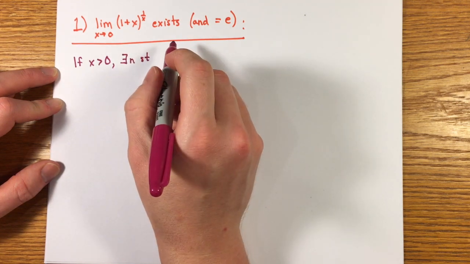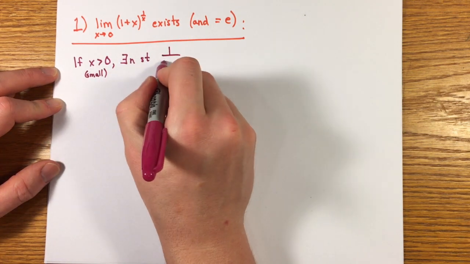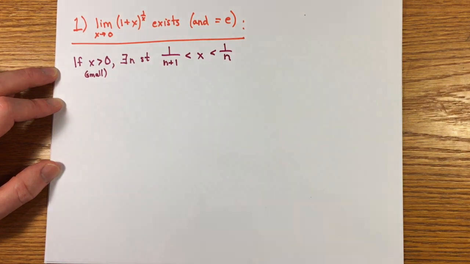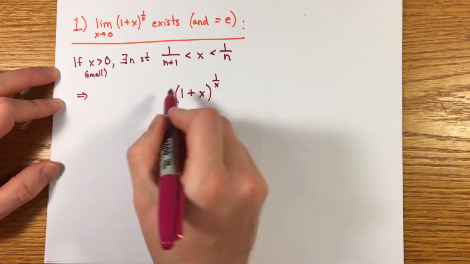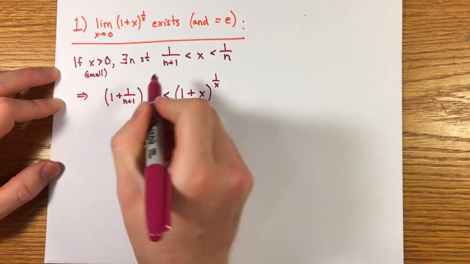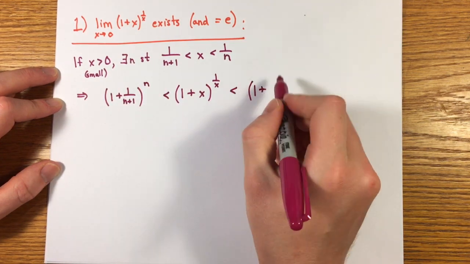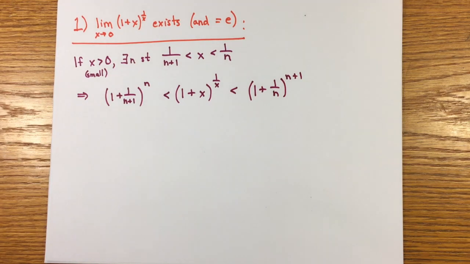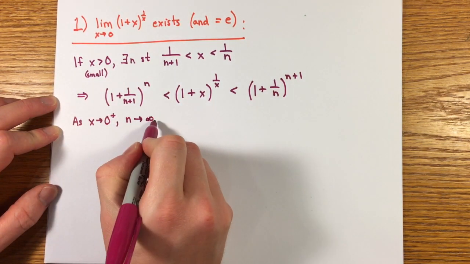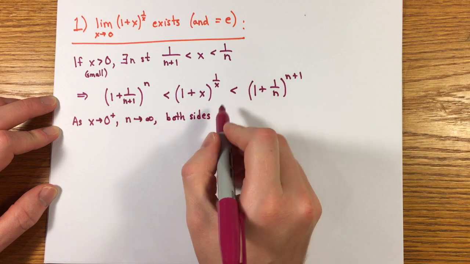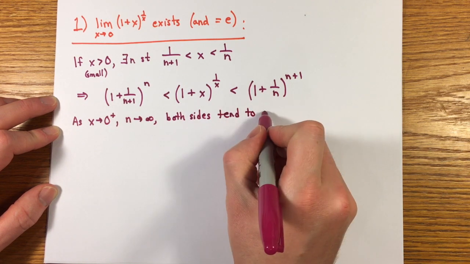But if x is greater than 0 and small, then there's some n such that x is between 1/(n+1) and 1/n, and then we can certainly say that (1 + x)^(1/x) is between (1 + 1/(n+1))^n and (1 + 1/n)^(n+1), since, for example, x is less than 1/n and 1/x is less than n + 1. As x goes to 0 from above, n goes to infinity, and both outer limits go to e by what we've already proved.